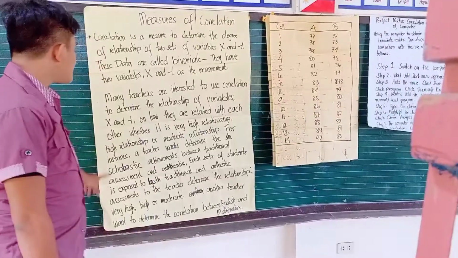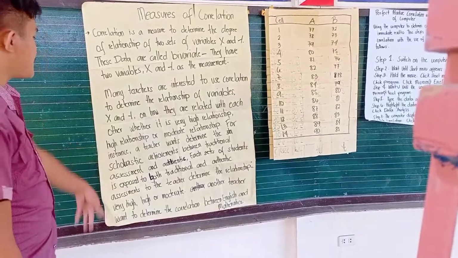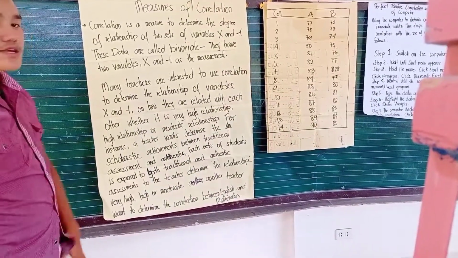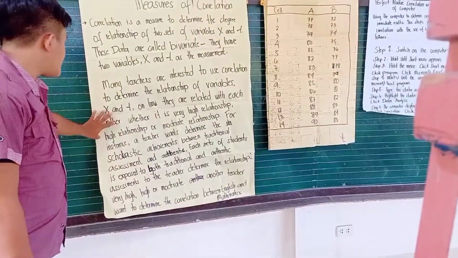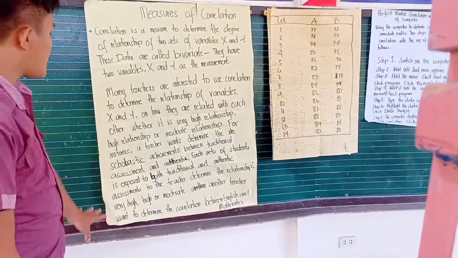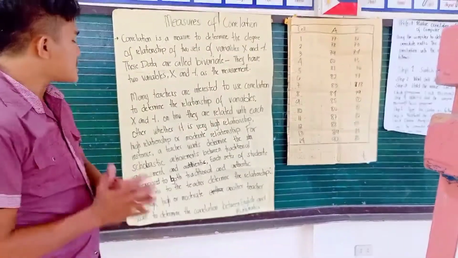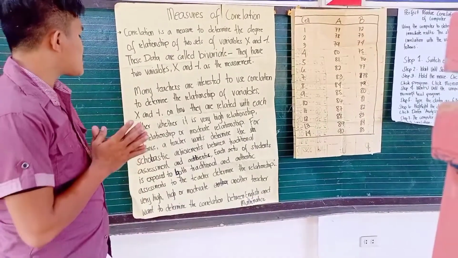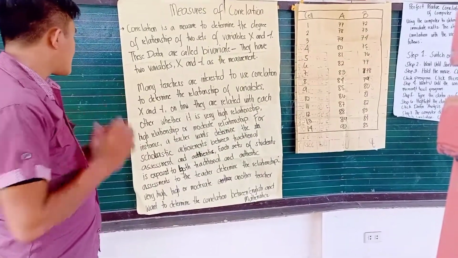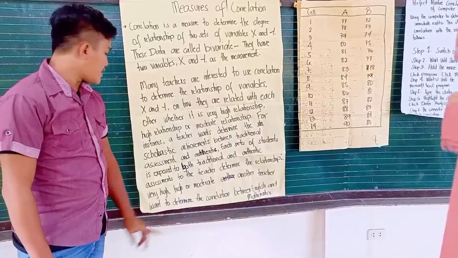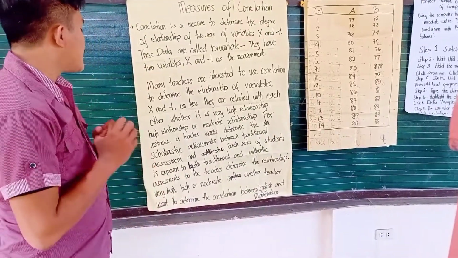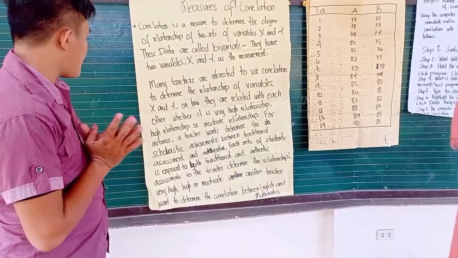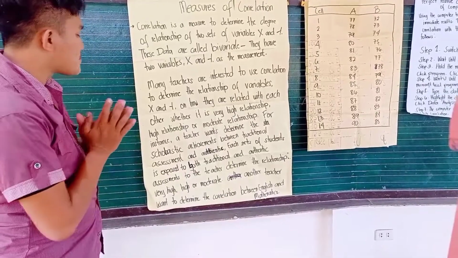For instance, a teacher wants to determine the scholastic achievements between traditional assessments and authentic. Each set of students is exposed to both traditional and authentic assessment, so the teacher can determine the relationship, very high or moderate.